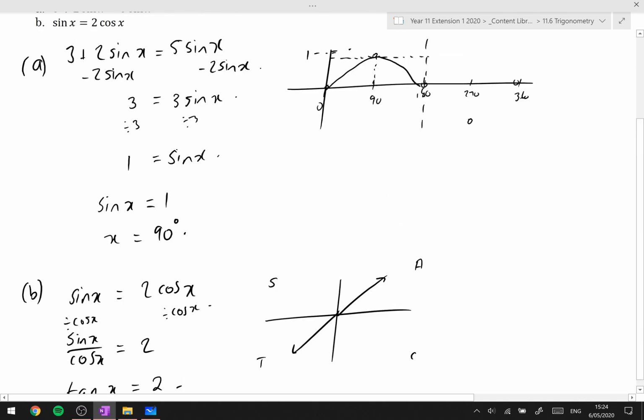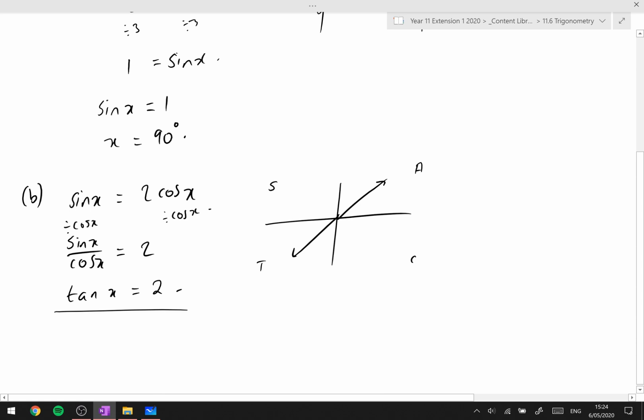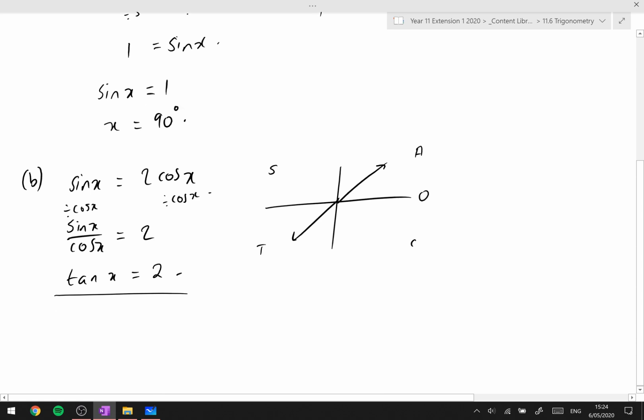However, my restriction on x is that it's between 0 and 180 degrees. So that means that I'm only looking at the values in the first two quadrants. So this third quadrant I don't actually care about at all because it's not within the restrictions that I've been given. So now how do I work out what this value is? I've got tan of x is equal to 2.